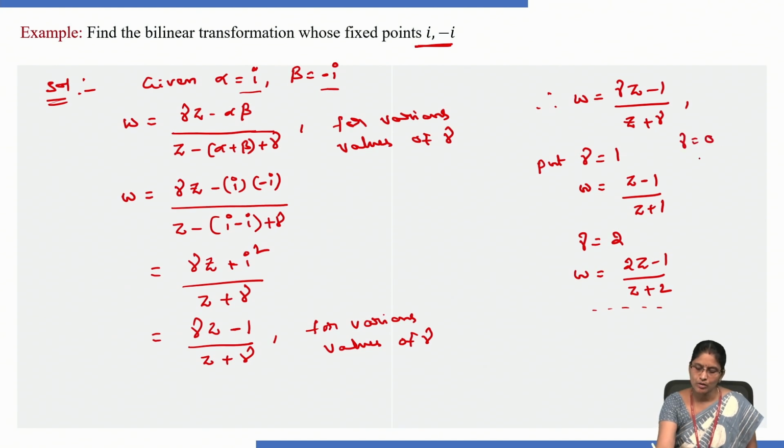Gamma is 0, then w is minus 1 by z. So for different values of gamma, we get different transformations. So this is the procedure to find the bilinear transformation whose fixed points are given. Here the fixed points are i and minus i, and the formula that we are using is w is equal to (gamma z minus alpha beta) by (z minus (alpha plus beta) plus gamma).